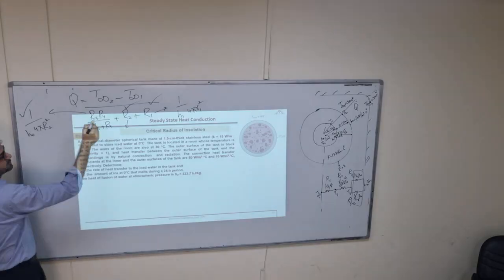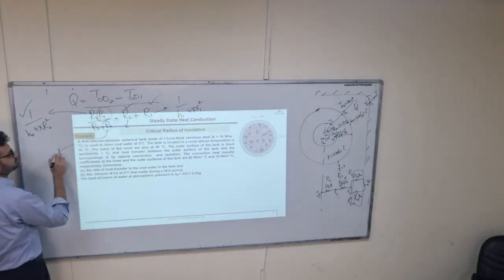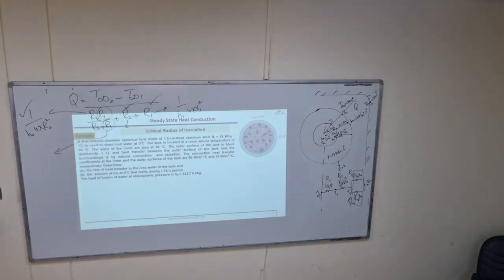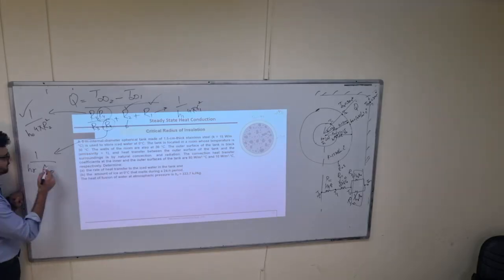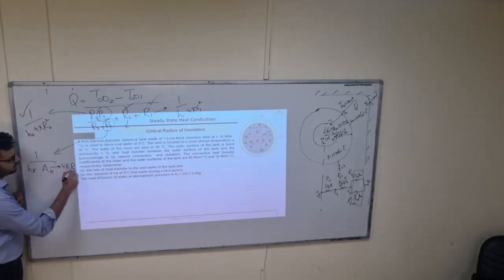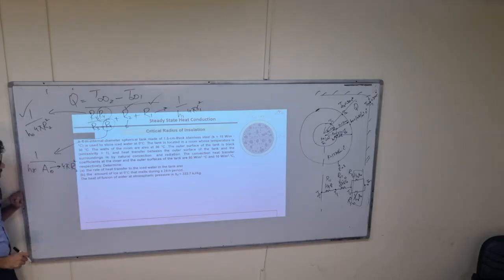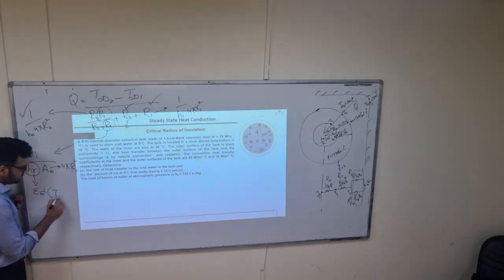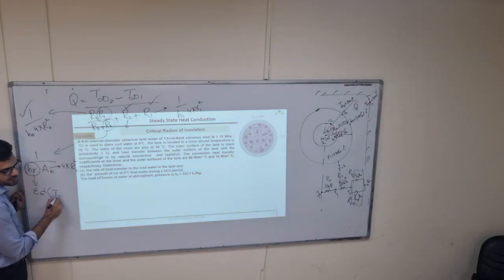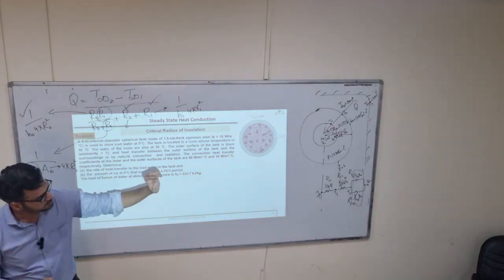Now R4, it's radiative resistance, 1 over Hr into area. Area is clear, 4 pi Ro square. Now what about Hr? Epsilon sigma T. Which two temperatures are there?